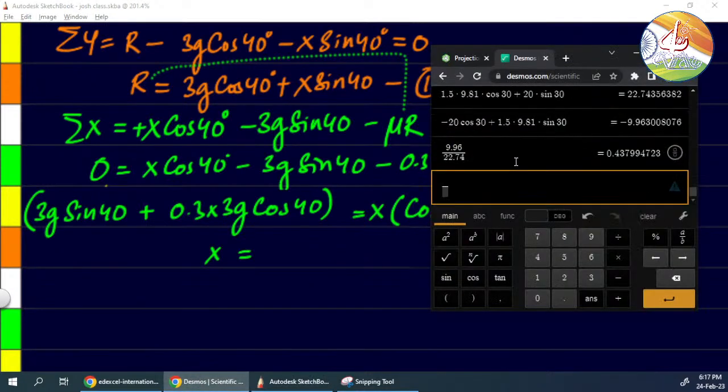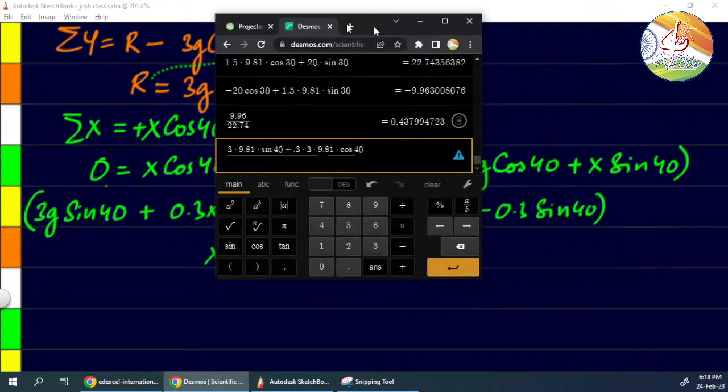So first numerator: 3 into 9.81 into sine 40 plus 0.3 into 3 into 9.81 into cos 40, then divided by these terms, right?